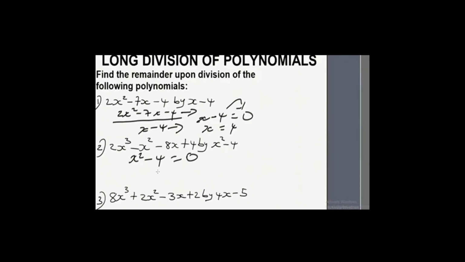So we make x the subject of the formula. x squared will be minus 4 crossing over the equality sign to change to plus 4. So you square root both sides to remove the square here. The square root of 4 gives us plus or minus 2, of which we usually take the positive value, which is plus 2.